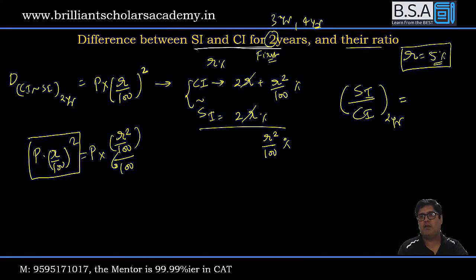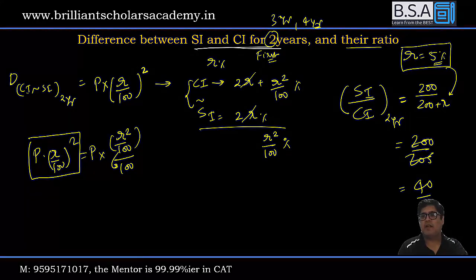What is the ratio for SI and CI for 2 years? The ratio for SI and CI is 200 upon 200 plus R. R is always a percentage. So you want the ratio, it is 200 upon 205, which I can cancel. 40 upon 41.